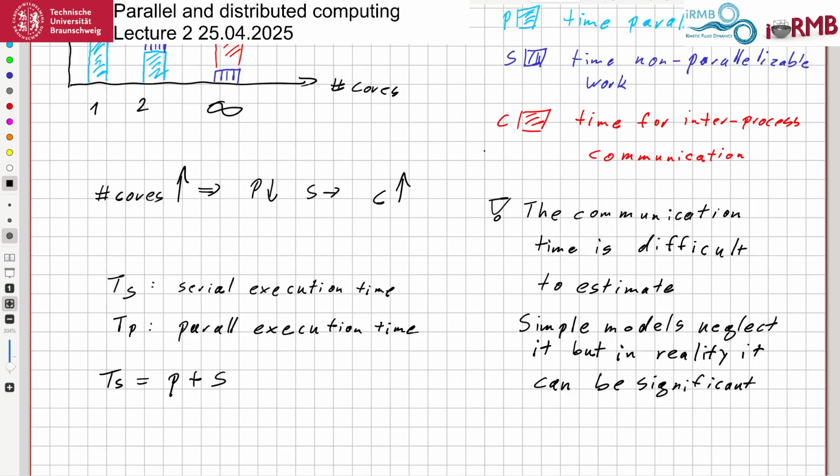And the parallel time is the serial time for the work plus the parallel time divided by n, with n being the number of cores.